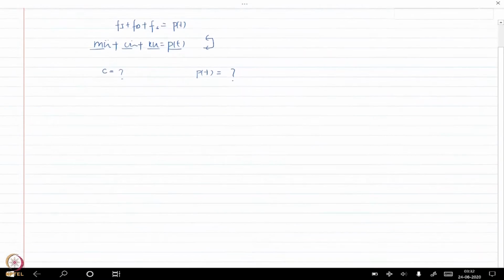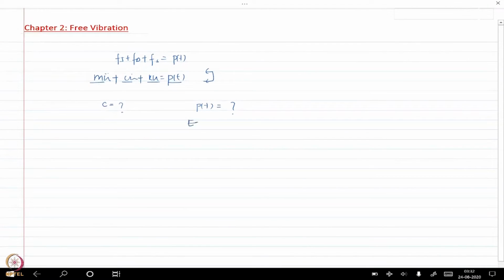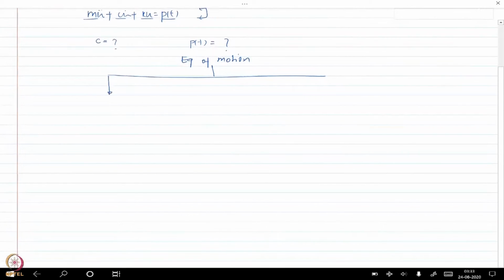Let me characterize what happens for each of these cases. In general, we had the equation of motion, and let us start with the case when the applied force is equal to zero, so P of t is equal to zero. Then we have what is called free vibration.